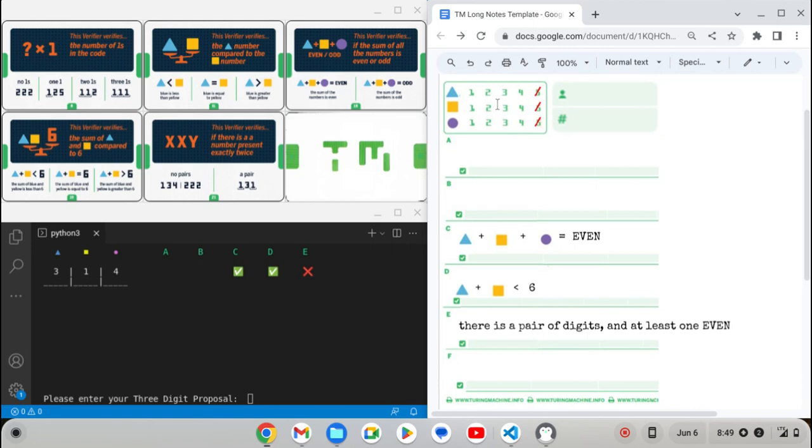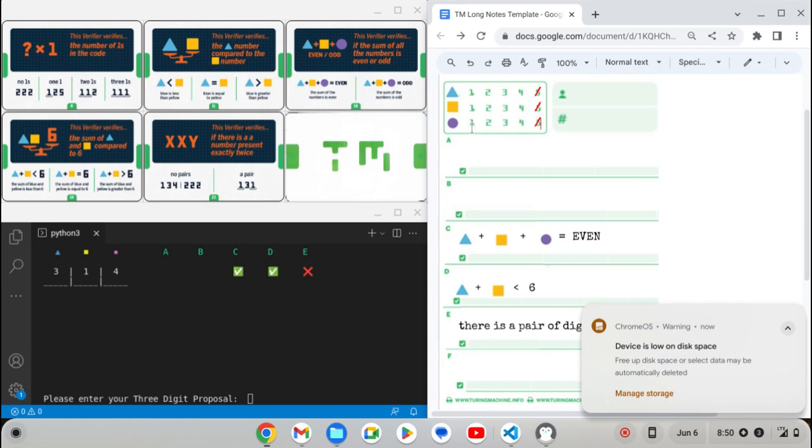2, 2, and then 4 forces that. Otherwise, if they're not equal, and I believe that's the only possibility where they're all even, the other alternative is if you have an odd and an even in some order between triangle and square, and then circle would have to be the other odd. So either 1 or 3.